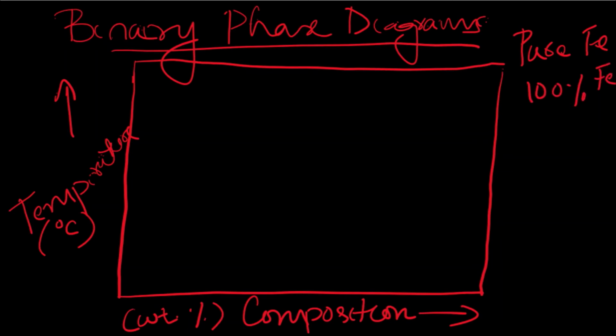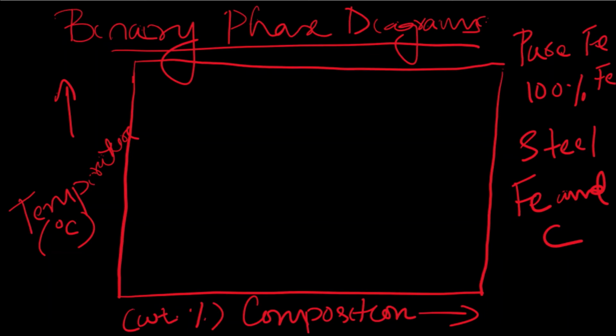But if I am just taking steel, I cannot take 100% steel because steel is not a component. In steel, there is iron and carbon mainly. Other elements are there, but for the time, we will take iron and carbon.